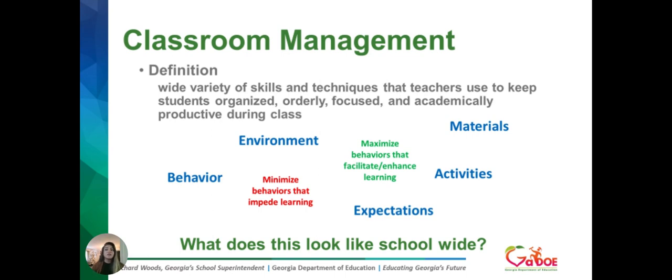So if I know that I'm supposed to be not talking in the hallway, then when students are lined up in the hallway at your door, that expectation is the same. So just make seamless connections school-wide and when students are in your classroom. Just think about it. Let me know what you think in the comments about that.